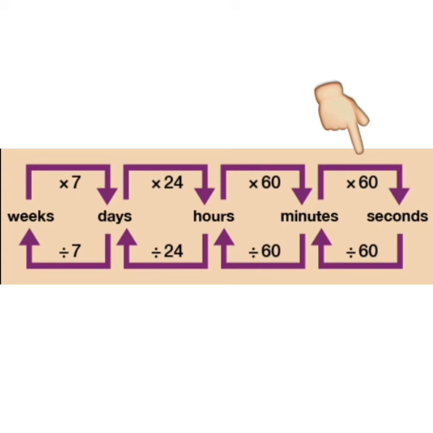Similarly, when we move from minutes to seconds, we multiply by 60, and when we move from seconds to minutes, we divide by 60. In short, students, when we move from biggest to smallest, we multiply, and when we move from smallest to biggest, we divide.